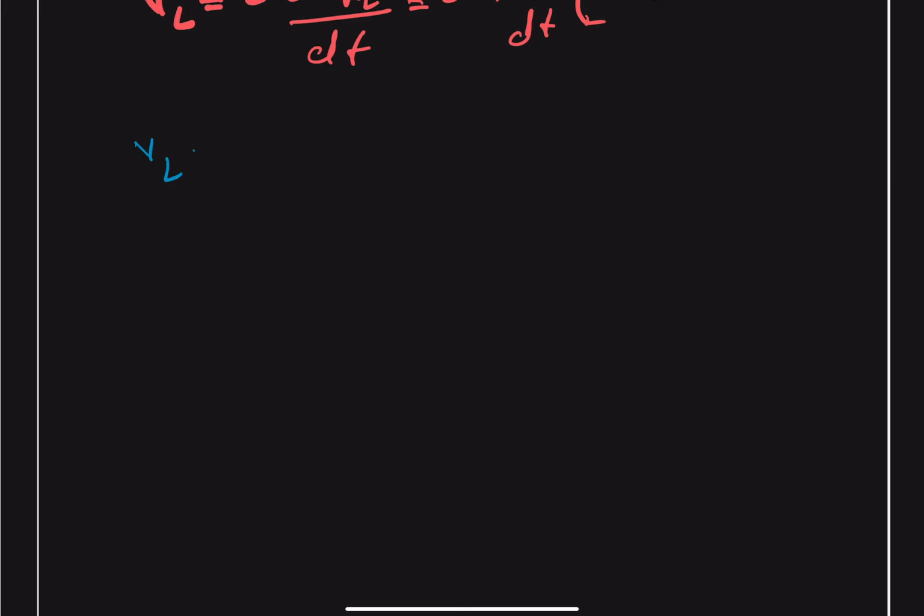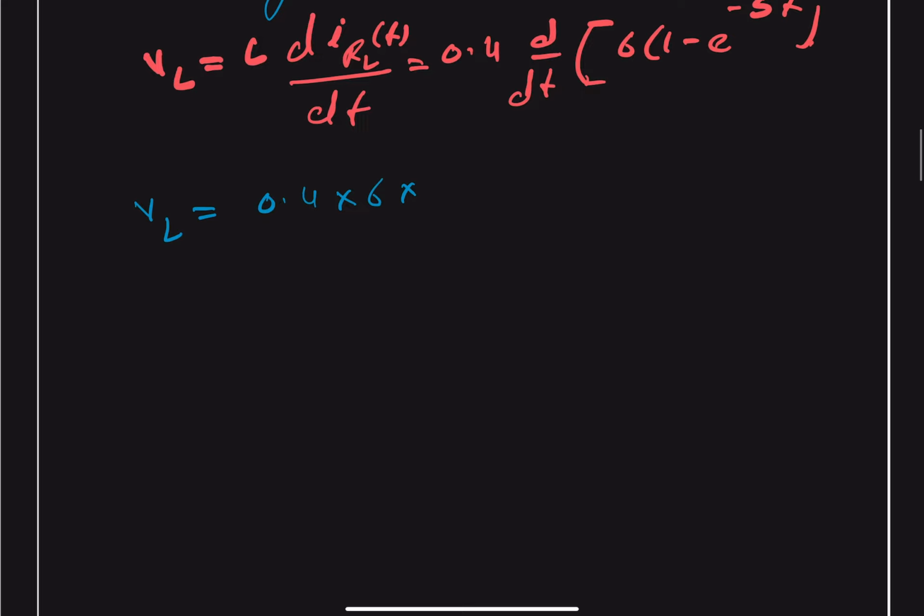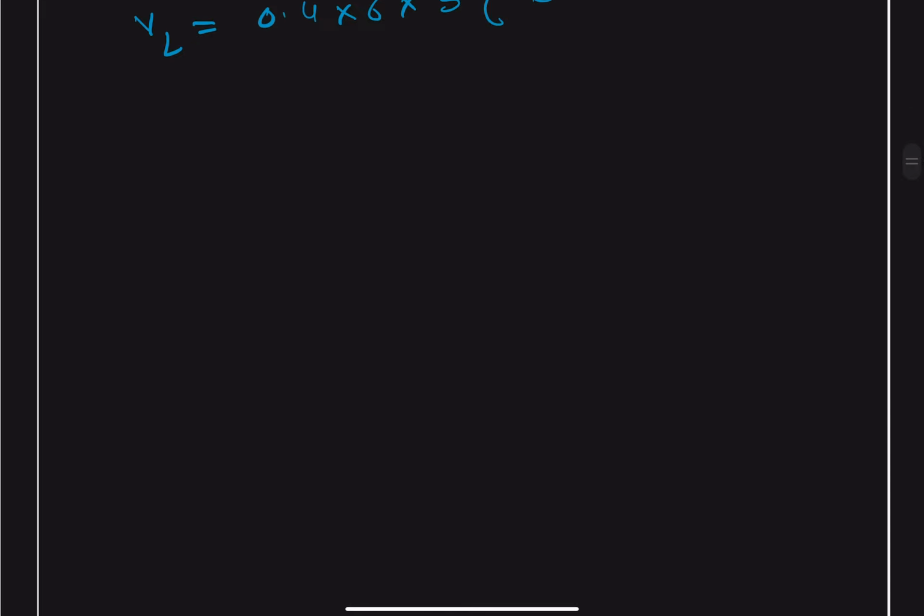So we get VL equal to 0.4 multiplied by 6 multiplied by 5, times e raised to power minus 5t. So this is equal to 12 e raised to power minus 5t.